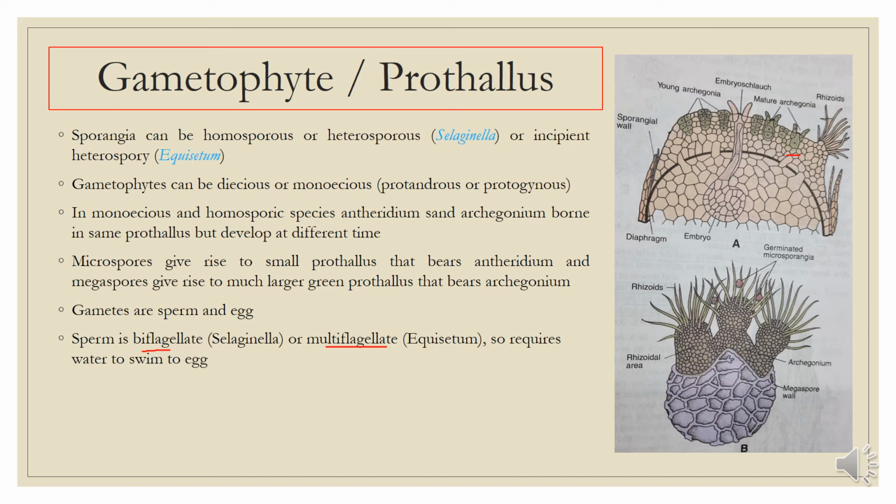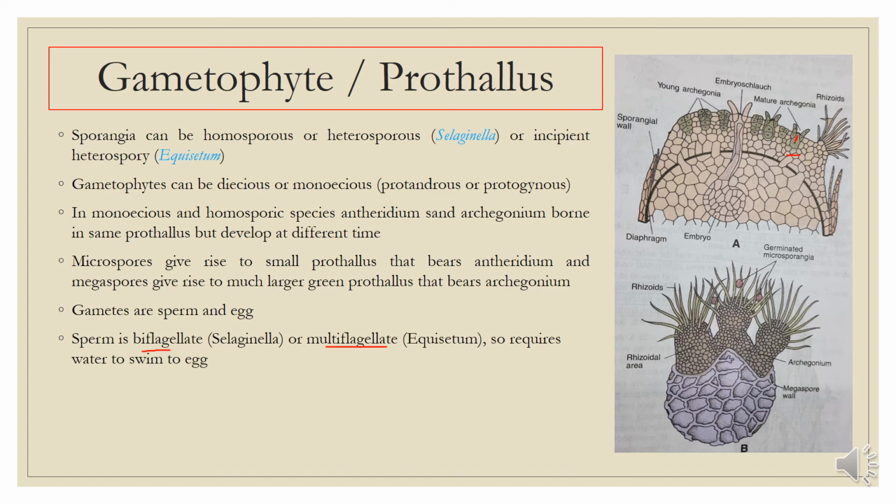The cells in the neck and the ventral region disintegrate and produce a mucilaginous secretion that is a chemoattractant for the sperm. The sperm, being attracted by the mucilage, swims to the ventral region and fertilizes the egg in the archegonium.